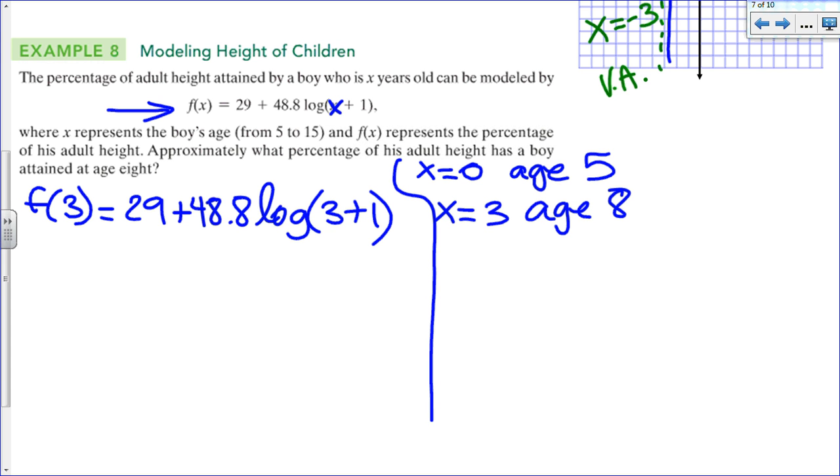Now we can plug this in on the calculator because we cannot get an exact answer for the log of 3 plus 1, or the log of 4. What would be the base for that one? 10. Remember, when you don't see a little number for the base, that implies it is base 10. So let me just get the answer, and that will be the last problem of the day.